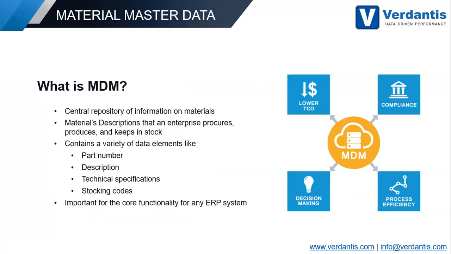So this allows you to get an enterprise granular view of what you procure, you produce, keep in stock, what you order out of stock, and it contains a variety of data elements like manufacturer and supplier name and number, the individual part number itself from the organization, descriptive information, additional attribution for technical specifications, and stocking codes. It often also contains things like commodity codes and material codes as well to help further define what this material is.